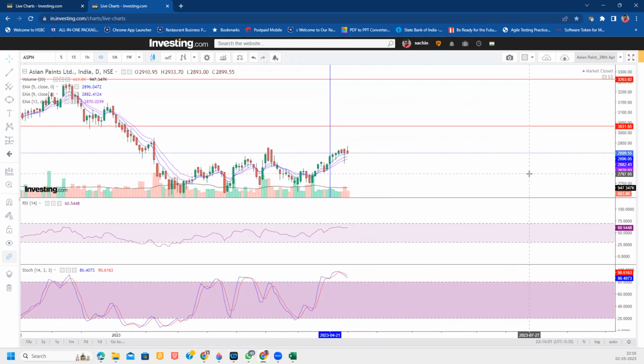It has crossed 9 and 13 both. This is giving a positive, and it has made a positive crossover and is giving a buy signal.